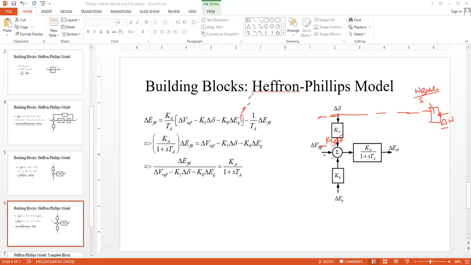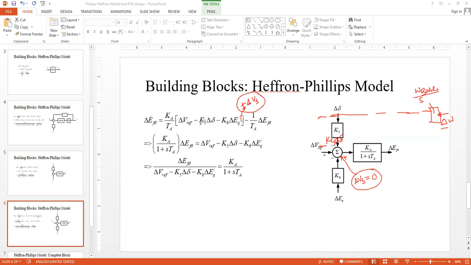If you want, you can assume the presence of plus del VS, that is the PSS input. But actually we have not included PSS yet. If you want to include it, then simply you have to add another input to the summing junction in the form of delta VS. Nothing special. For the time being, we are assuming delta VS is 0 because there is no PSS, so we are not writing it explicitly.